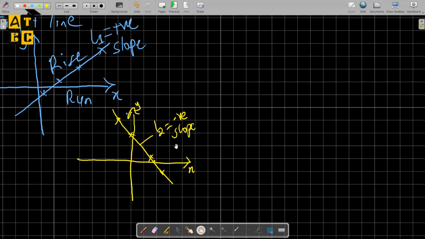What about a situation where the graph, or your straight line, is parallel to either axis? So let's say this is your line L3.